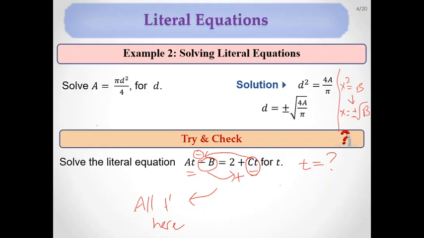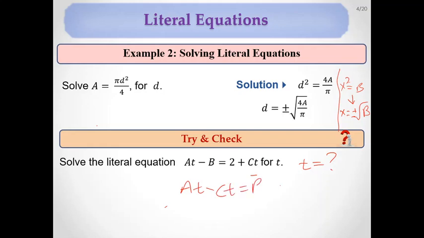So what happens is we get at plus c minus t is equal to b plus 2. Then t is a common factor, so you can write it as t times a minus c equal to b plus 2, and then divide both sides by a minus c.